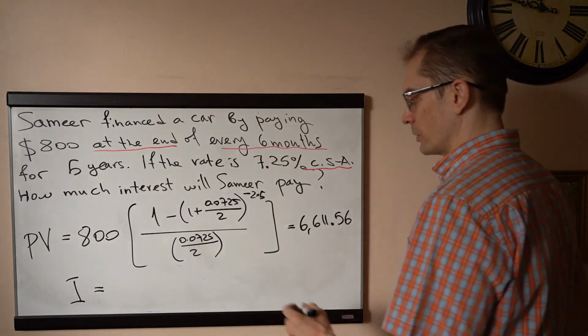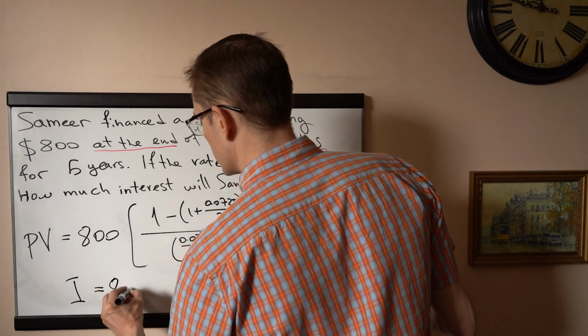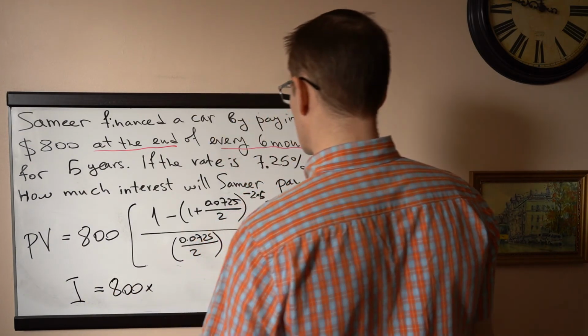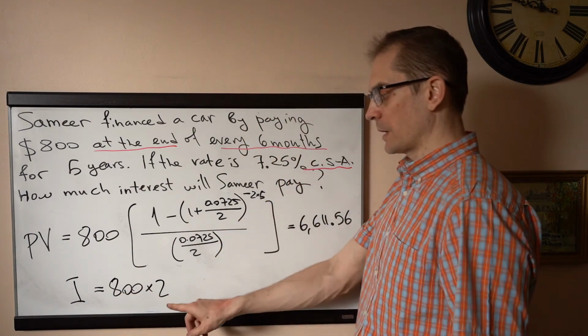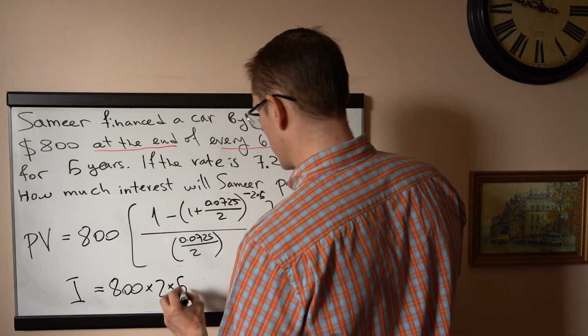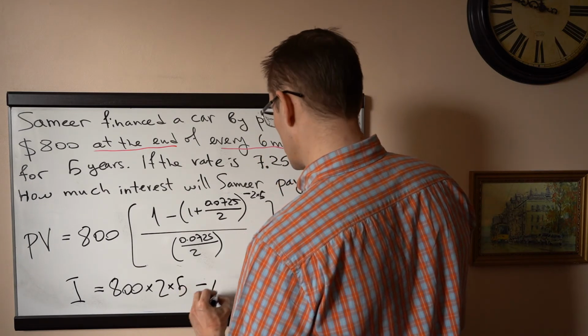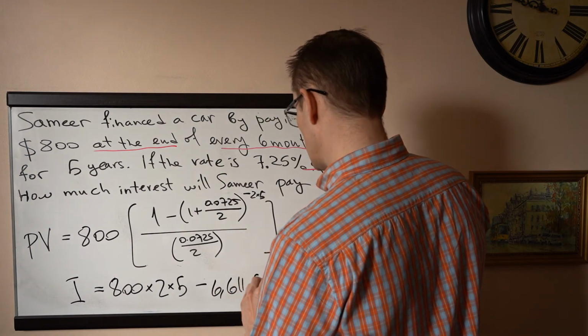Okay, so now we take our payments combined, which is 800 in this problem, times 2, because there are 2 payments per year, times 5, because there are 5 years, and we subtract from here 6,611.56.